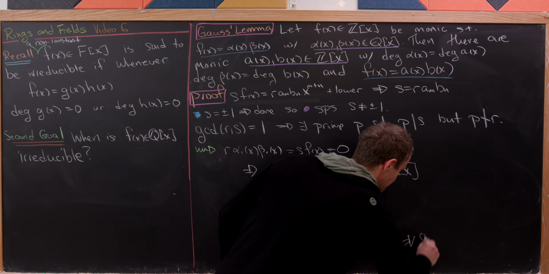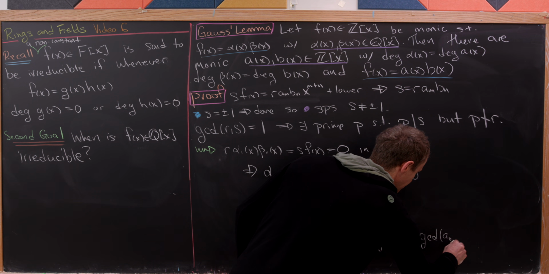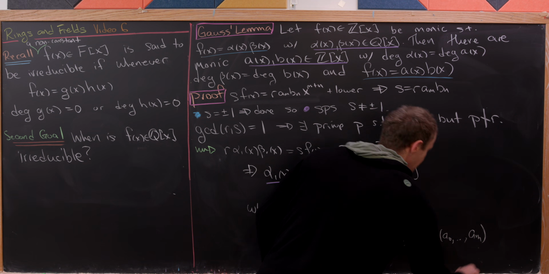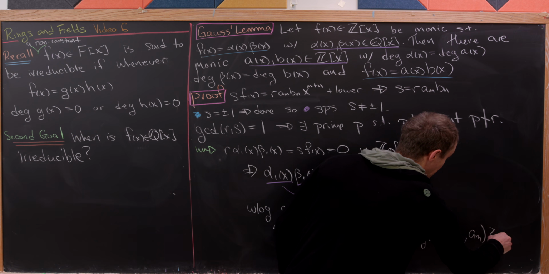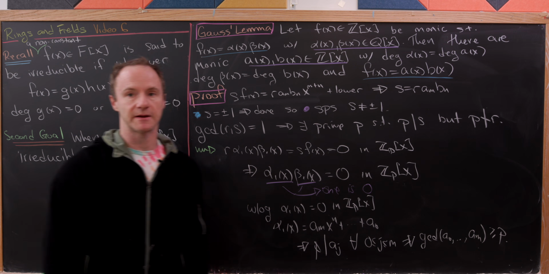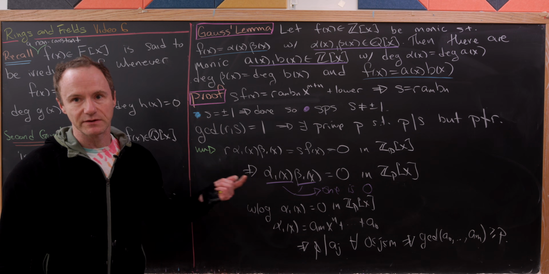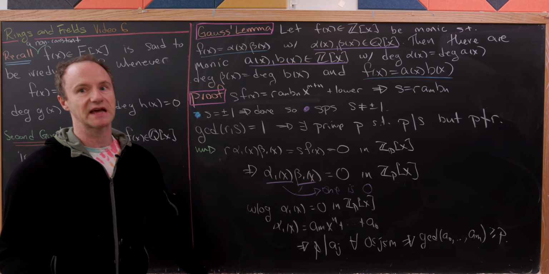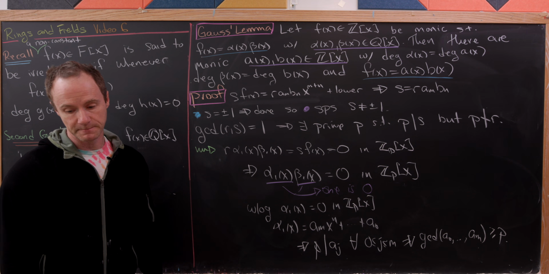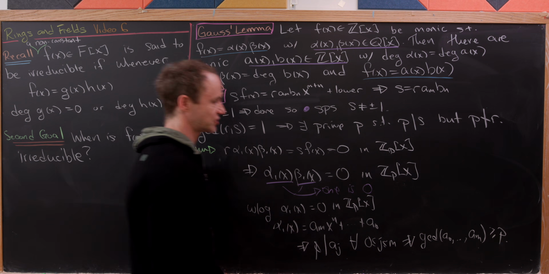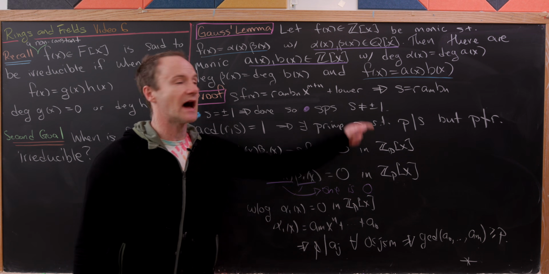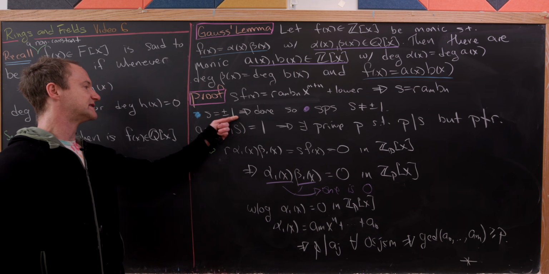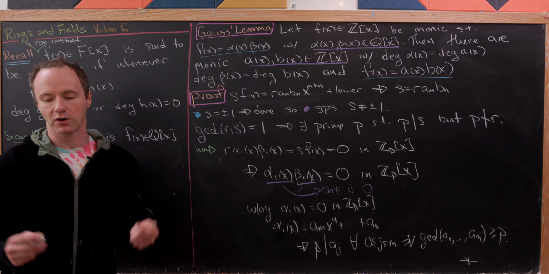But that means that the GCD of a_0 up to a_m is a multiple of p, so it is bigger than or equal to p, I should say. But recall that that GCD was supposed to be equal to 1, which means it can't be bigger than or equal to p. But that's our contradiction, contradicting the assumption for s to not be plus or minus 1, which means it is plus or minus 1, in which case we were already done.